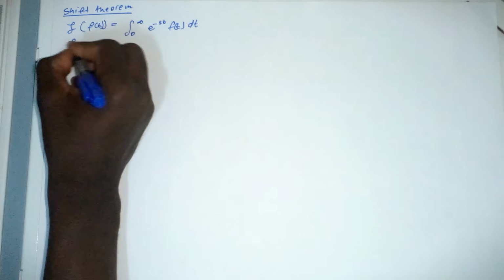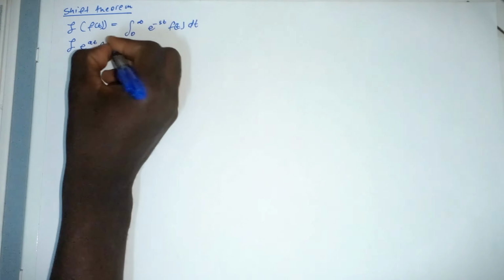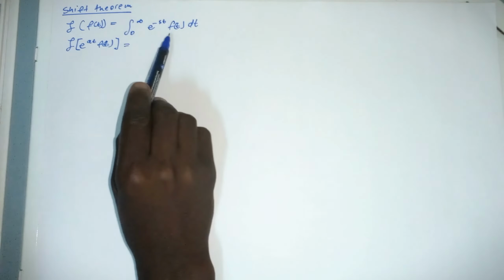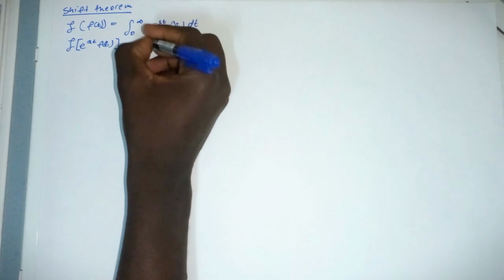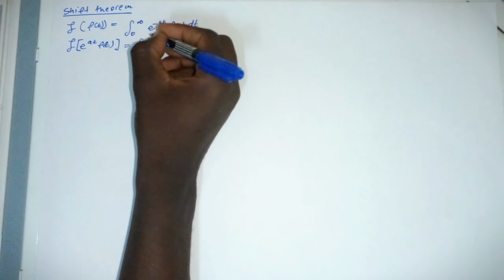Okay, so let's say we're given a problem in which we want to evaluate the Laplace transform of e to the power at times f(t). Okay, so we're going to follow the same procedure, or we're going to use this same formula. Okay, so we're going to integrate this from 0 to infinity.